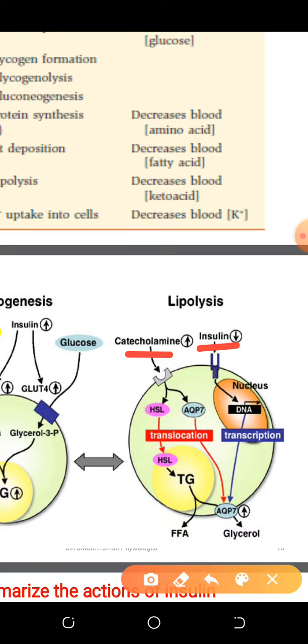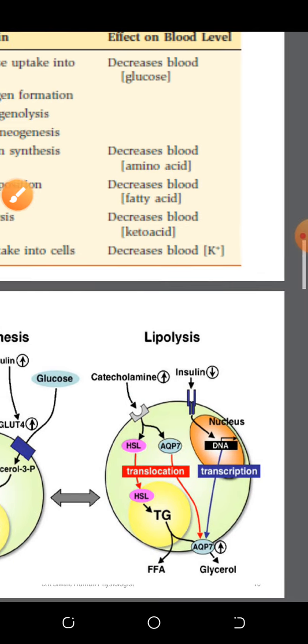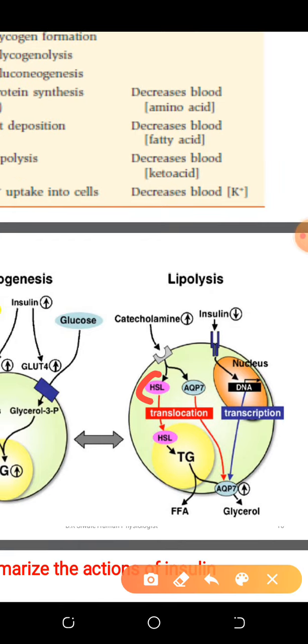When it binds to this receptor, it causes activation of hormone-sensitive lipase, the key enzyme in breaking down triglycerides to free fatty acids and glycerol. So what's the effect of catecholamines? It activates hormone-sensitive lipase, and also aquaporins P7 are synthesized.